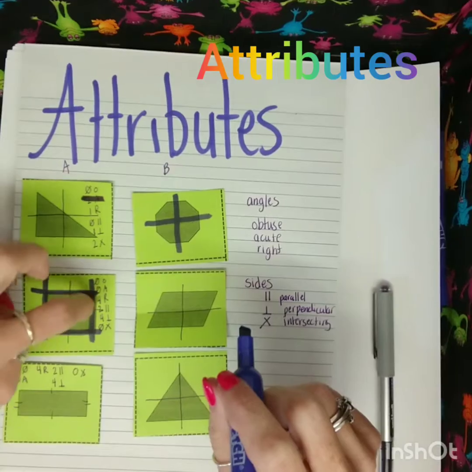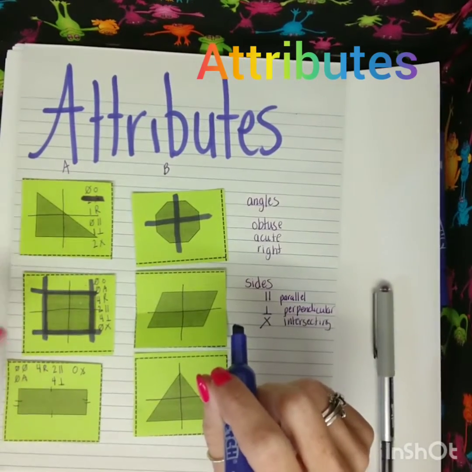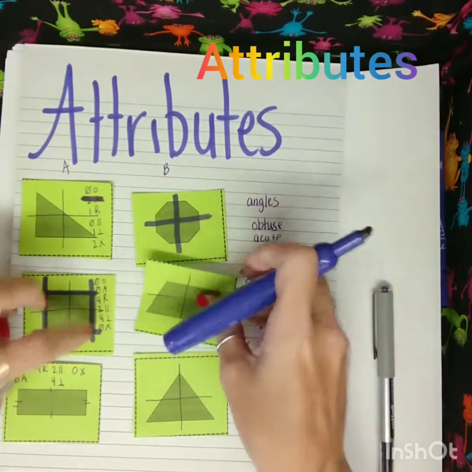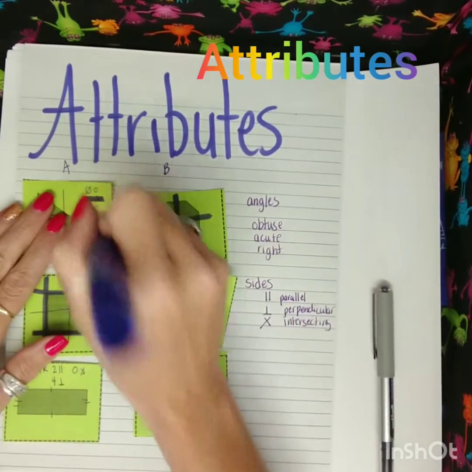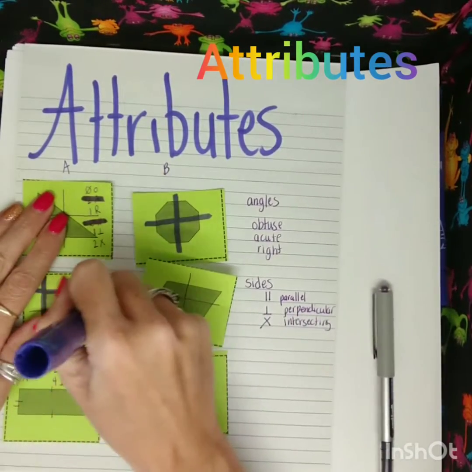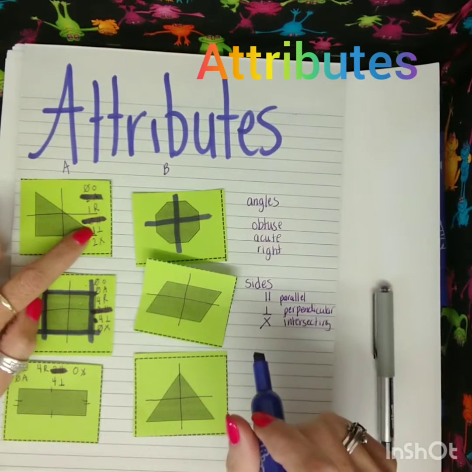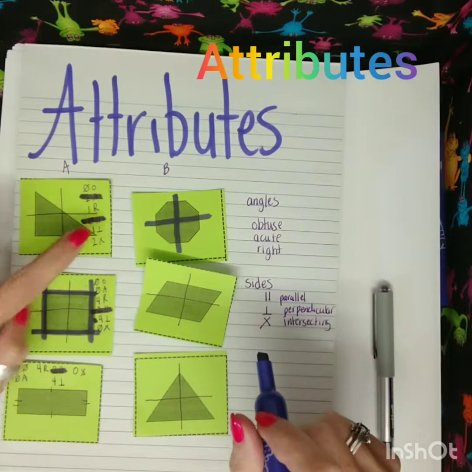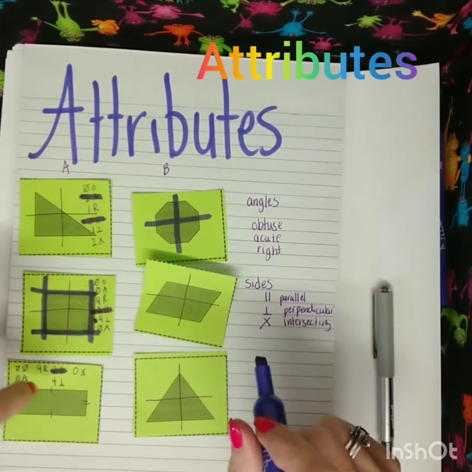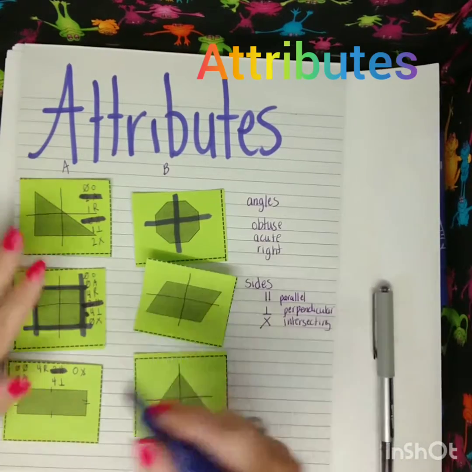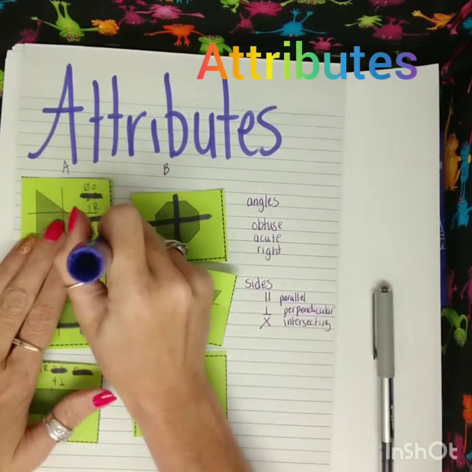Right angle, right angle, right angle. No parallel, parallel, parallel, so we have to get rid of parallel. That's not it. Perpendicular, perpendicular, and perpendicular, so that could be it. And intersecting can't be it, because these have 0 and these have 2.